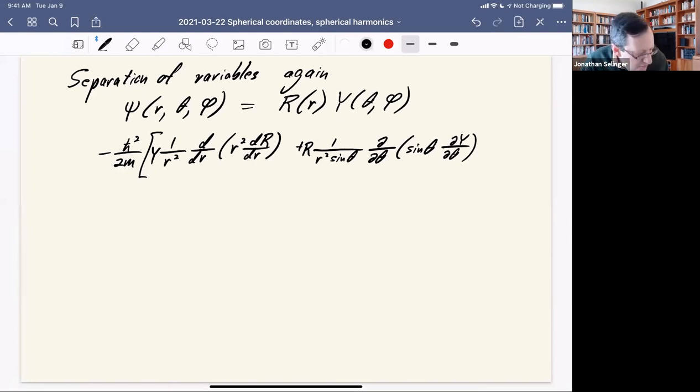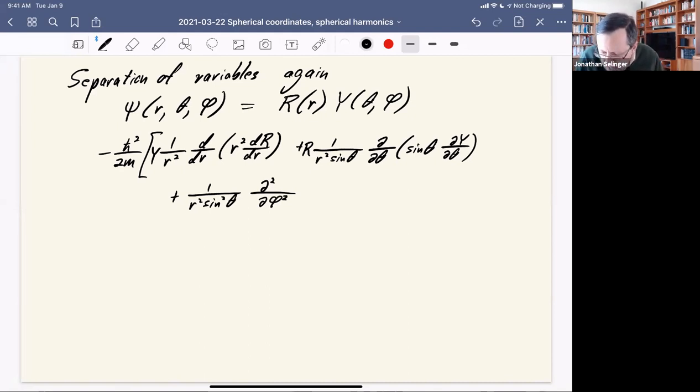Now the third term. This is plus 1 over r² sin² θ, and then we have the second derivative with respect to φ of the function.